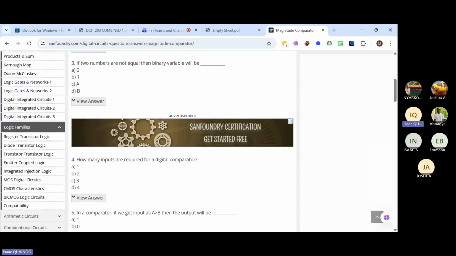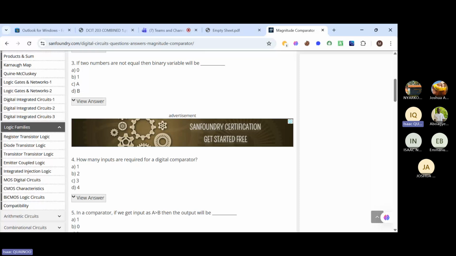If you look at this question, it said that if two numbers are not equal, then the binary variable will be, if the numbers are equal, what will be the binary variable? It's 1. Because if equality is established, if A equals B, we put 1 there.